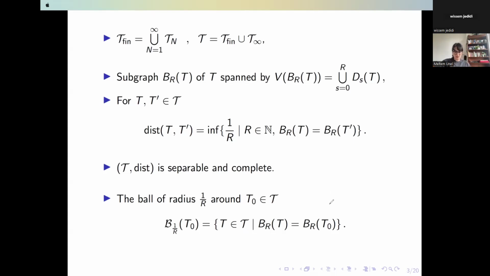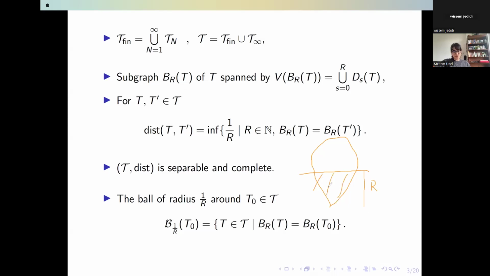If I have a tree, the ball B_r of T, which is not the curly B, around the root of radius r is obtained when I truncate this tree up until level r and take what is underneath. This part is the B_r of T.